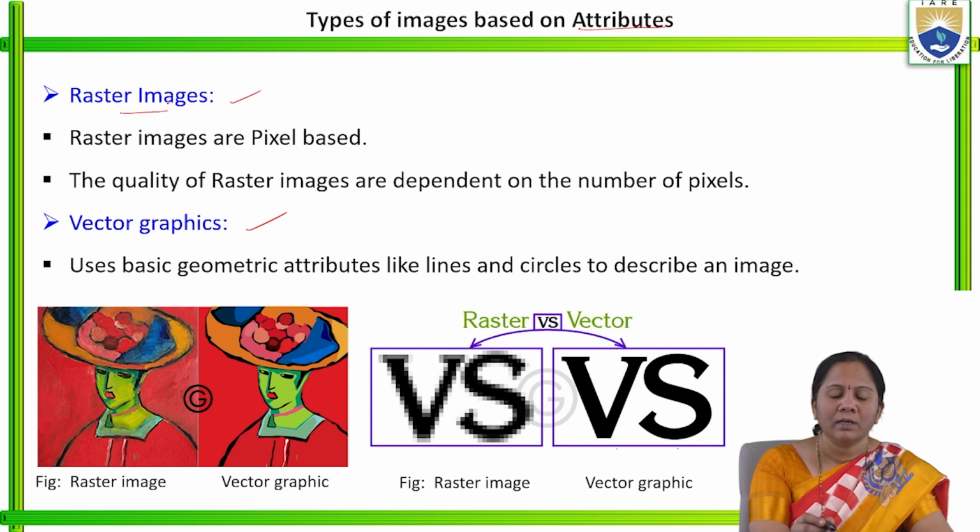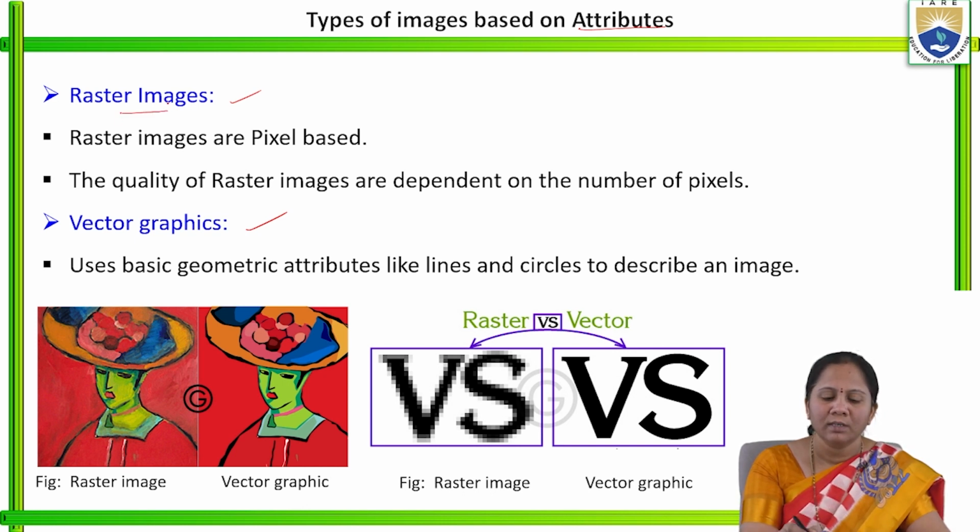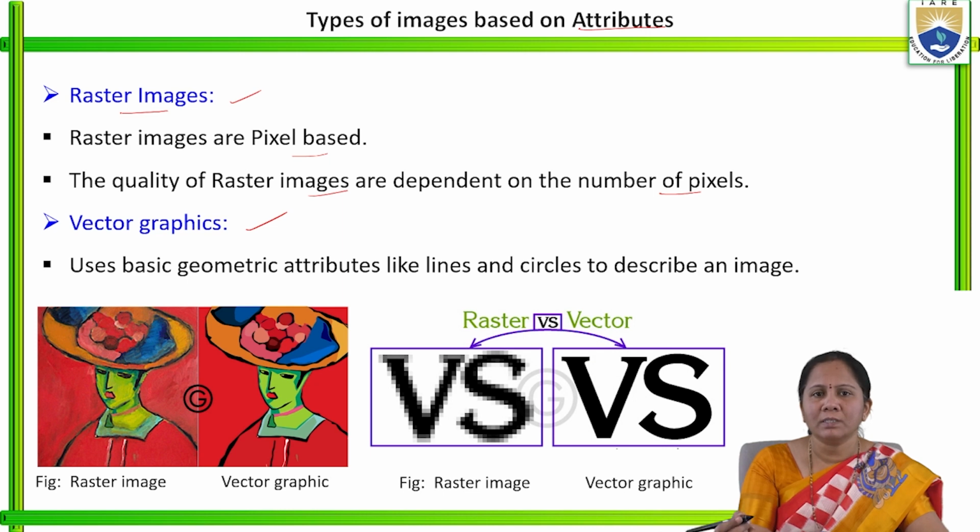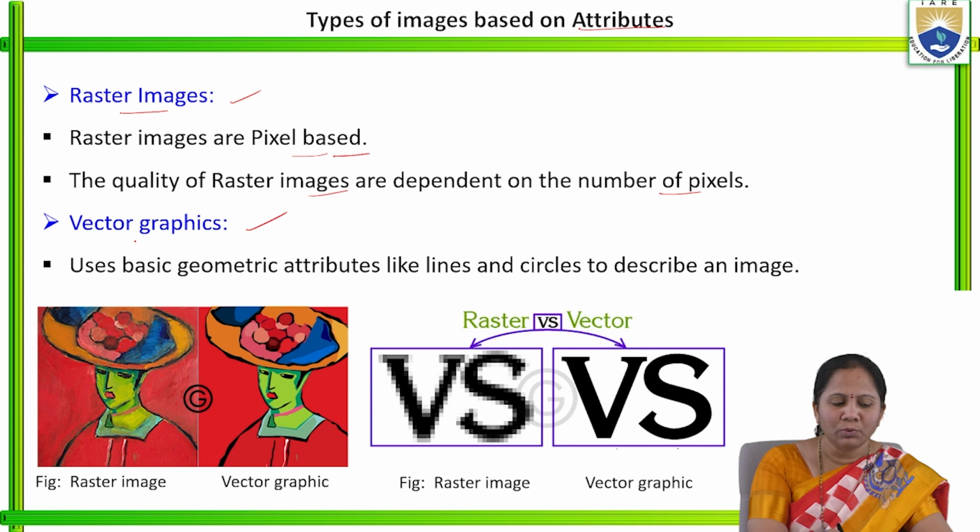Raster images are completely pixel based. The quality of raster images depends completely on the number of pixels. If the number of pixels is more, that image's resolution will be high. If the number of pixels is less, the resolution of that image will be reduced. We can see the pixels in that image very clearly.